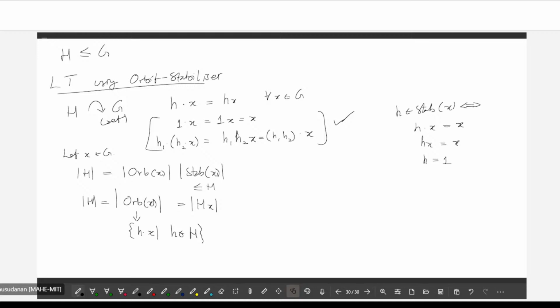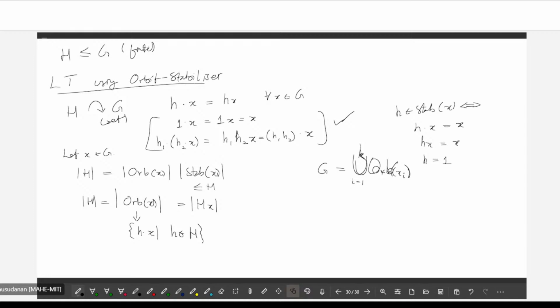You can first start by observing that the orbits partition G. In fact, assume G is a finite group, though you can do it for infinite groups also. Take x1, x2, etc., xk as distinct representatives of the orbits, unique representatives of the orbits.